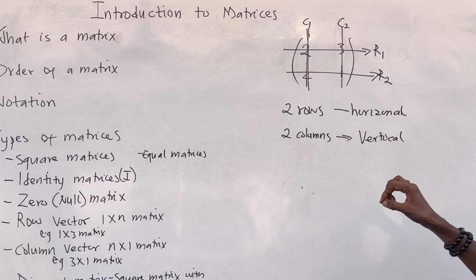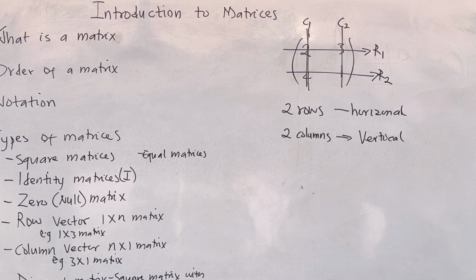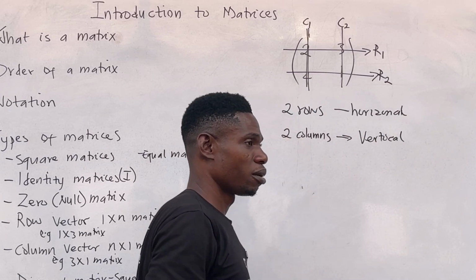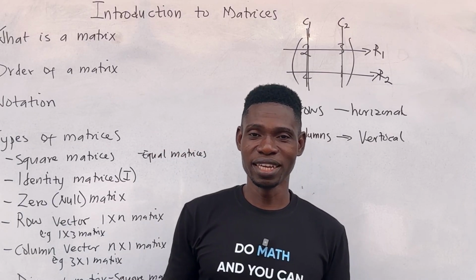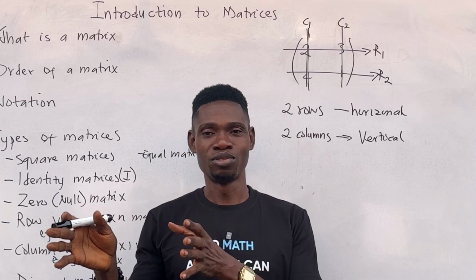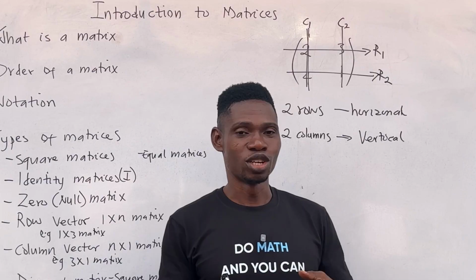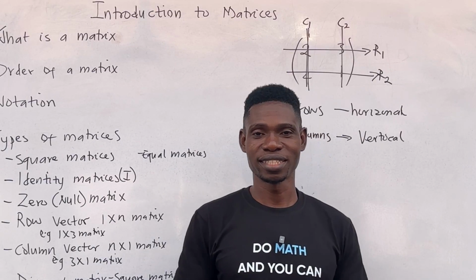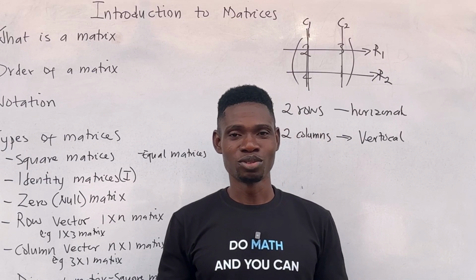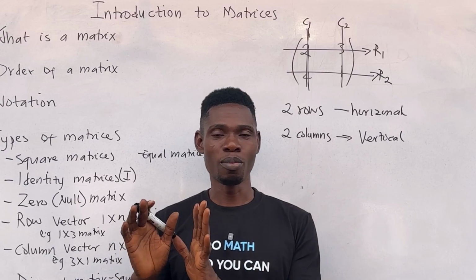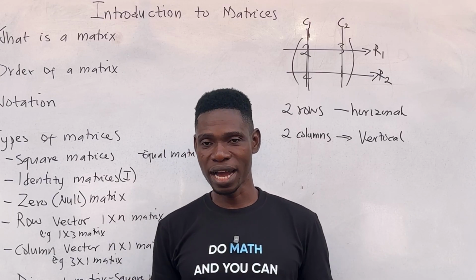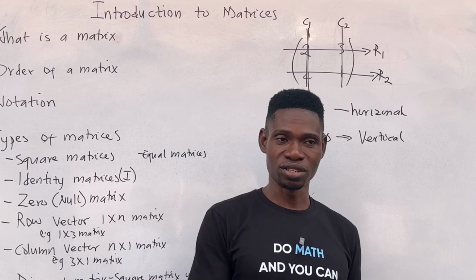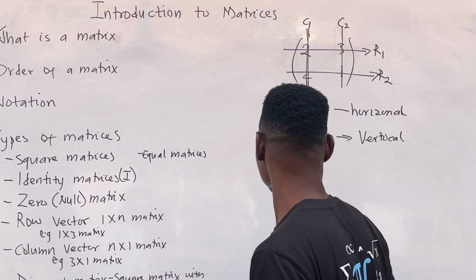So now let's look at the order of a matrix. The order of a matrix is simply the number of rows by the number of columns of that matrix. So it's simple. This is how we present it.